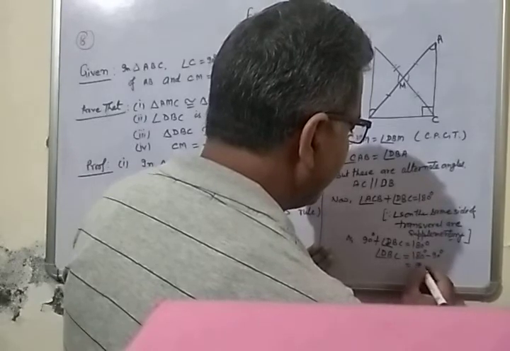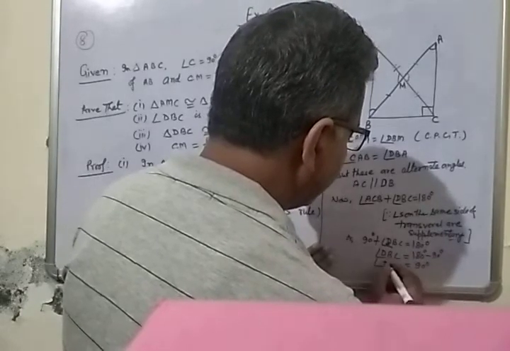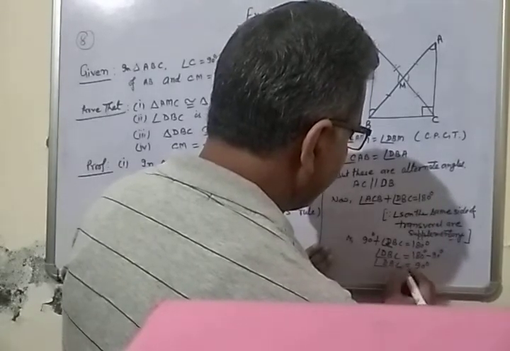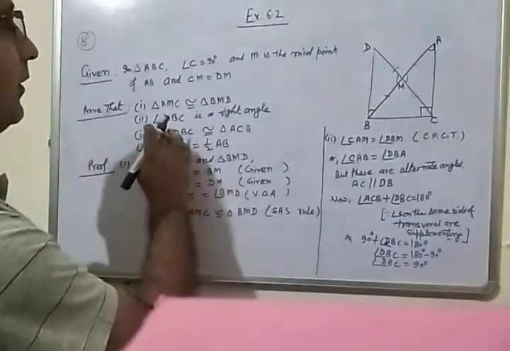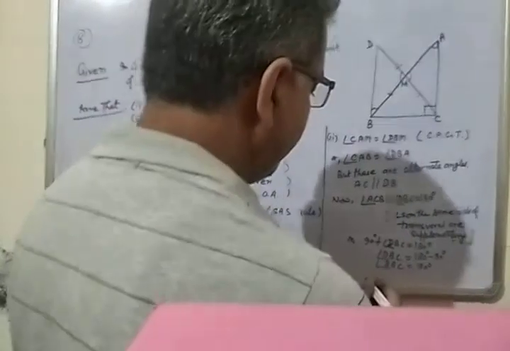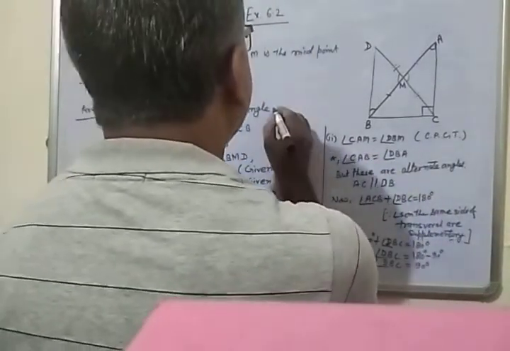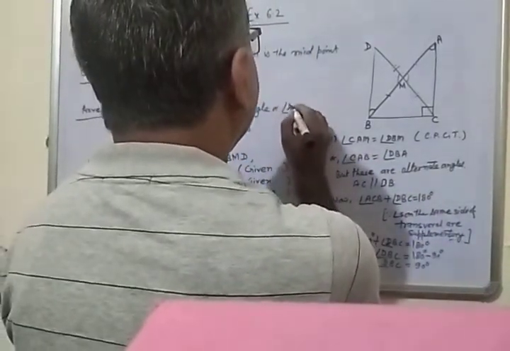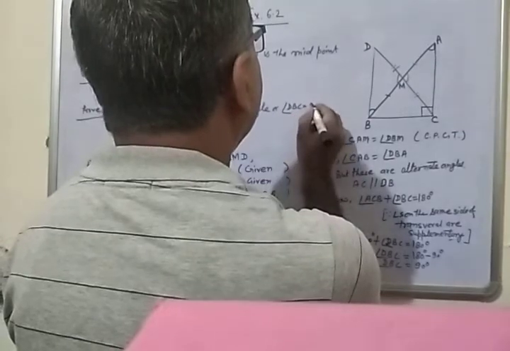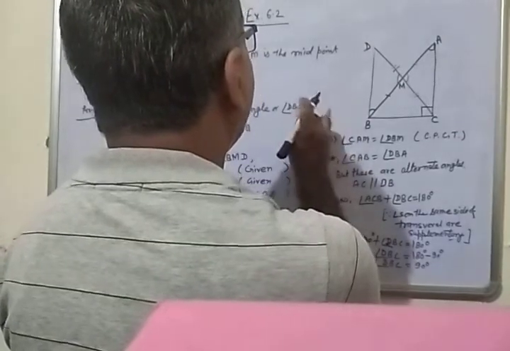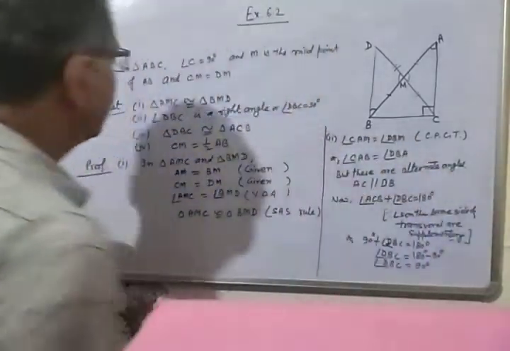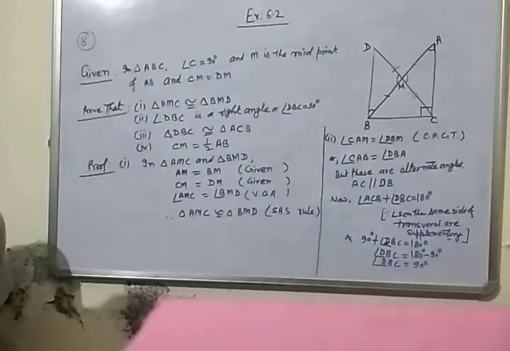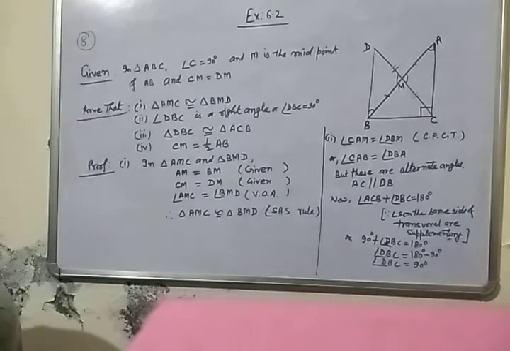This will be 90 degrees. The second part is completed. Angle DBC is a right angle, or angle DBC equals 90 degrees. That is a right angle. Next part.